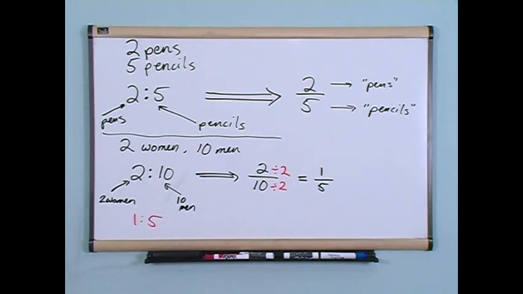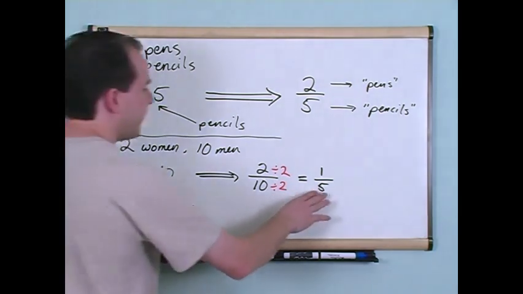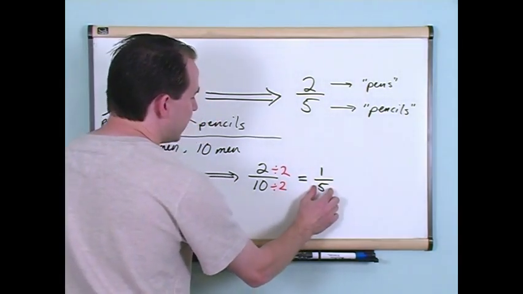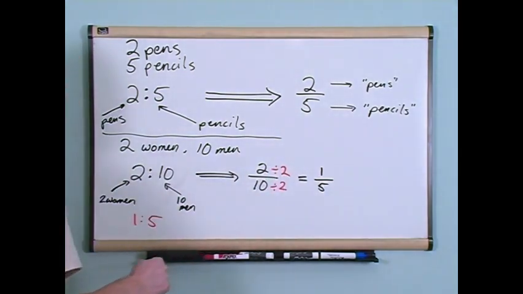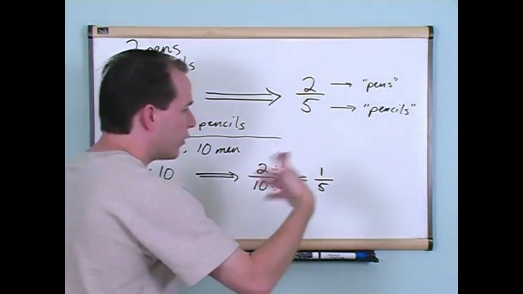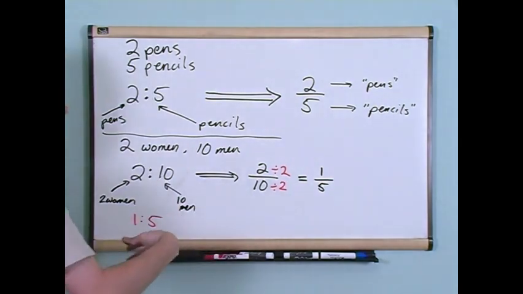It's proportional there, okay? Because if I take 5 men out, then I expect to get 1 woman, okay? If I do that over and over again, and I do that, let's say, 2 times, then I would pull 10 men out, well then I would expect to get 2 women back. And then if I were to pull out, let's say 3 times, I can multiply this times 3.